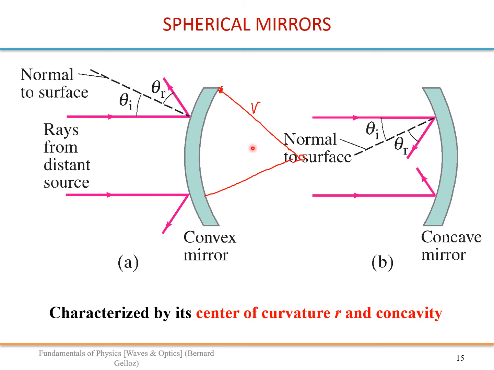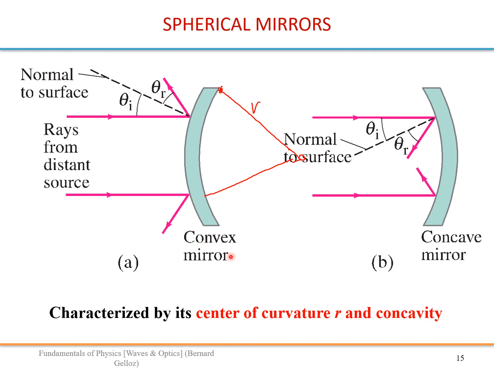Alright, so when you have a ray incident on such a spherical mirror, you use again Snell's laws. In this case, for reflection, you have to draw the normal to the tangent of this curve, and the angle of reflection should be the same as the angle of incidence.